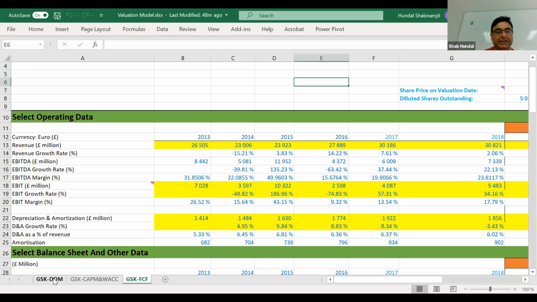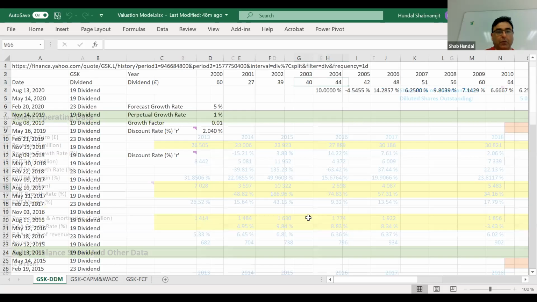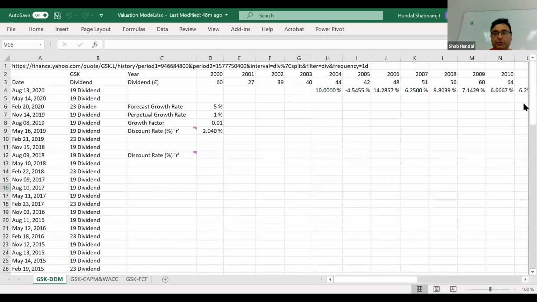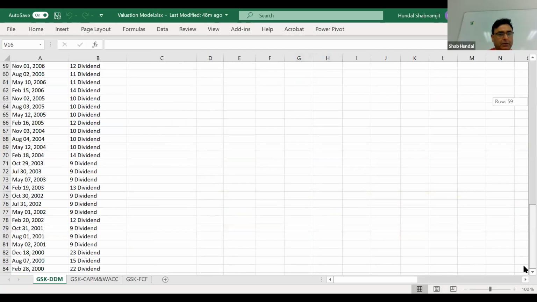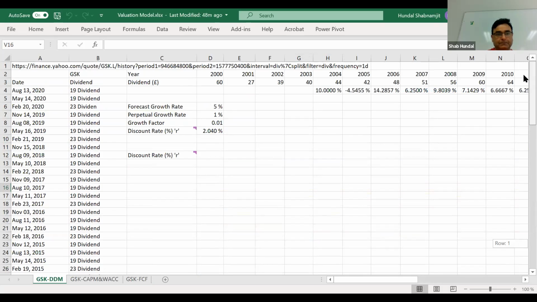Because we have done the stock market, I would be revising it very quickly. Last time when we met, I think we took about 20 years of stock price data and the dividends, right? So Sahar, please make sure that this screen is shared. So we have the dividends, and then based on that, we made some calculations.